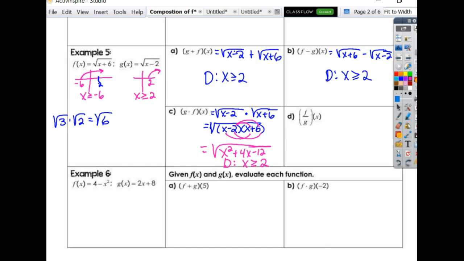Okay, one more problem. I'm going to do this last problem. If I'm doing f plus g of 5, that means I'm adding these two together, and then I'm going to substitute in a 5. So I'm going to have 4 minus x squared plus 2x plus 8. That's the two of them added together.